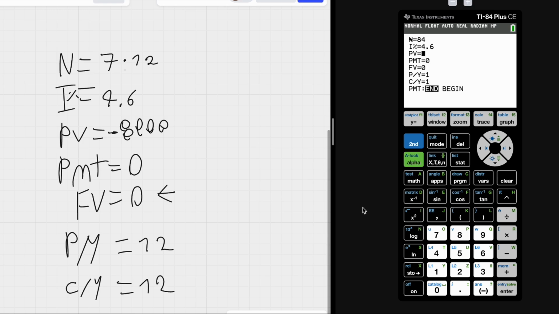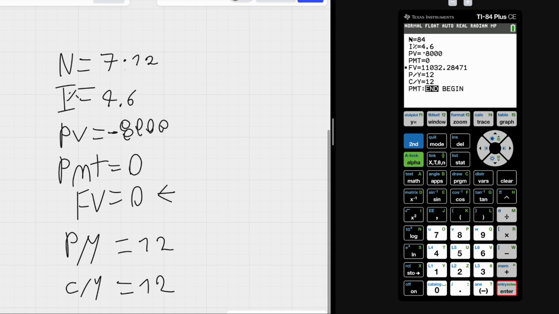So we put this negative, not the other one. 8,000, PMT 0, future value 0, payments per year 12, and compounds per year 12. For future value, we position ourselves here, press Alpha and then Enter to solve, and this is going to give us 11,032.28471.